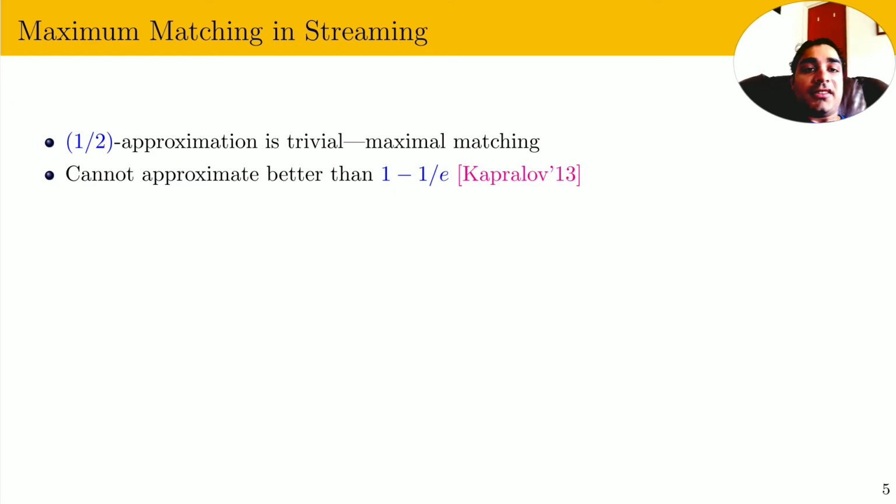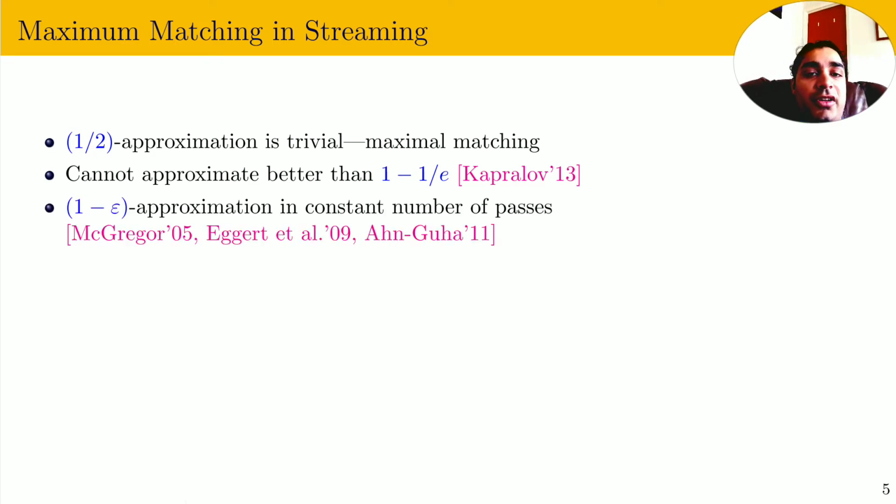Now in one pass, Kapralov showed that you cannot approximate this problem better than a 1 minus 1 by e ratio if you are allowed only semi-streaming, that is n polylog n amount of space. If you are allowed multiple passes, then you can get a 1 minus epsilon approximation in a constant number of passes, where this constant depends on epsilon.